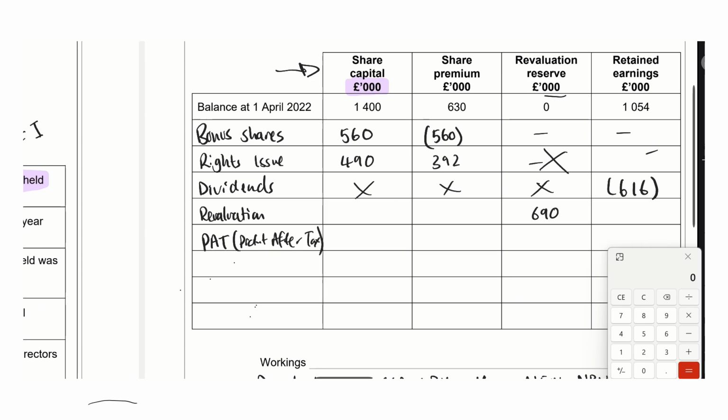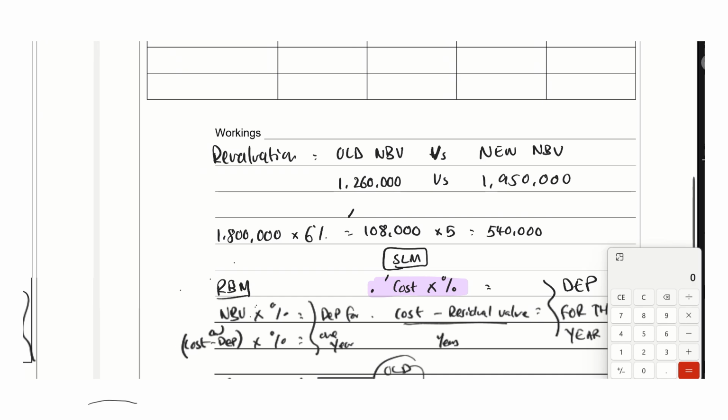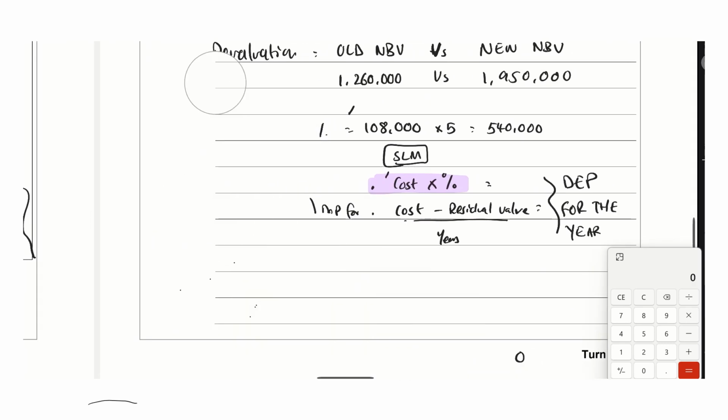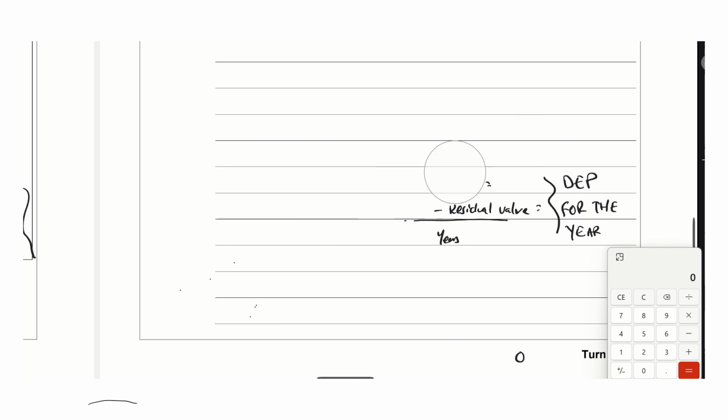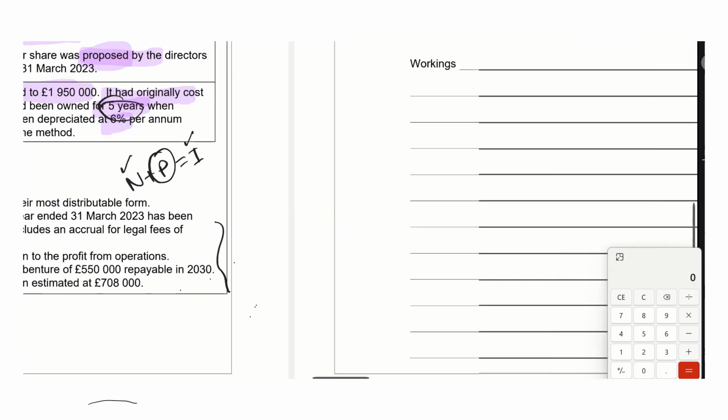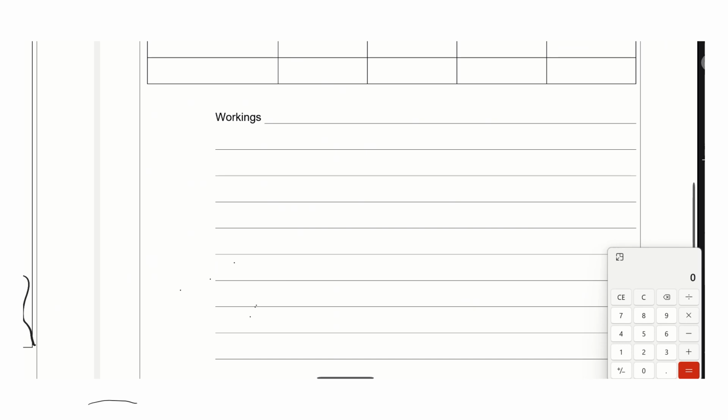And you should know from your studies, I'm just going to rub this out, a bit of revision going on here. So we know that we're not given the PAT figure in the question. They don't tell you what the profit after tax is in any of the adjustments 3 to 6. But you should know when you're doing limited company accounts that there are different variations of the profit figure.